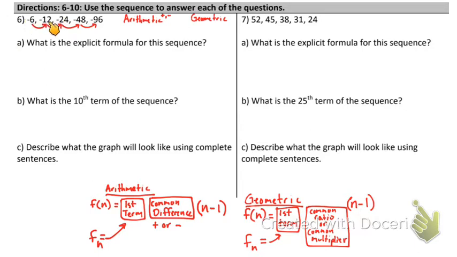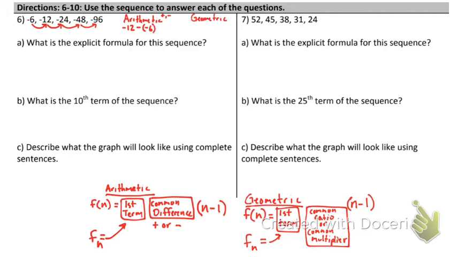I'm just going to take the first 2 because they're nice. So I'm going to take -6 and -12. And what you're going to do is take the second term, which is -12, and subtract it from the first term. So minus the first term.